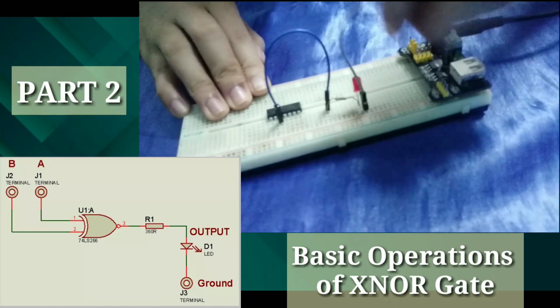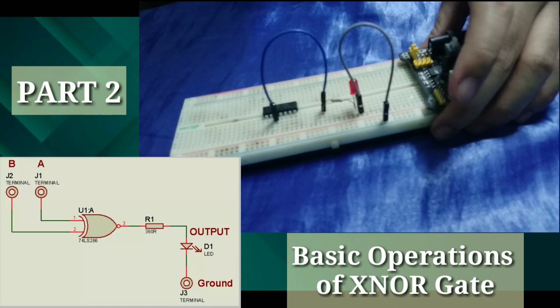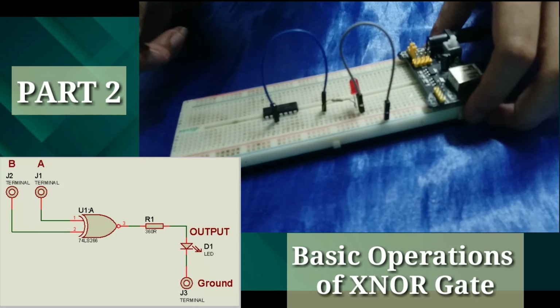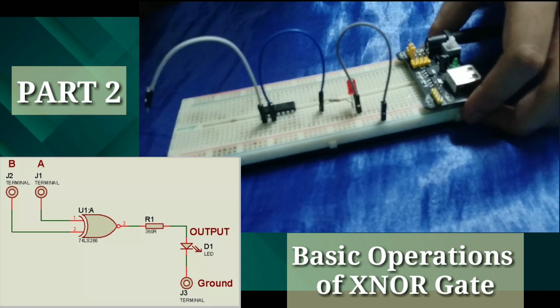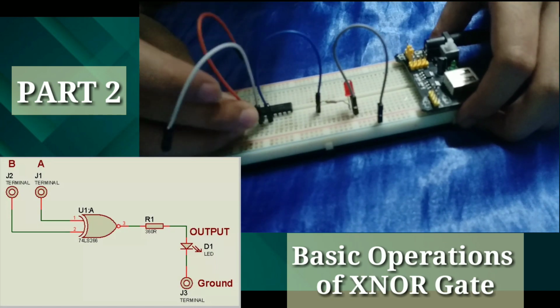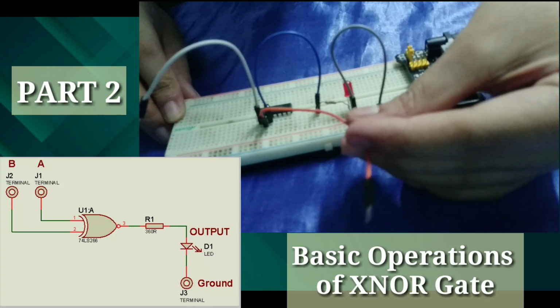Also, don't forget that we have our inputs A and B. Our input A, this will be our white wire, will be connected to the first pin of our integrated circuit, and our input B will be connected to the second pin of our integrated circuit, as you can see here in my connection.